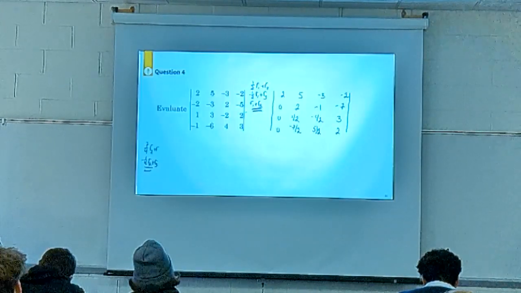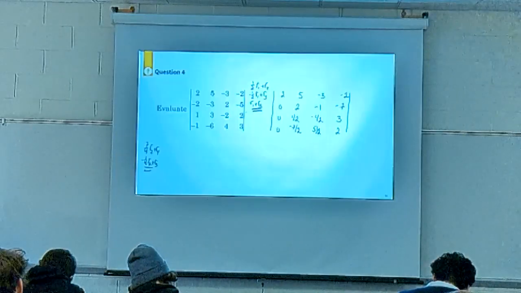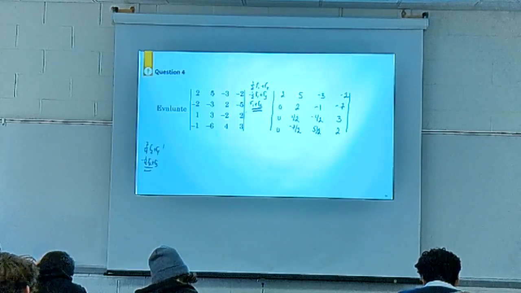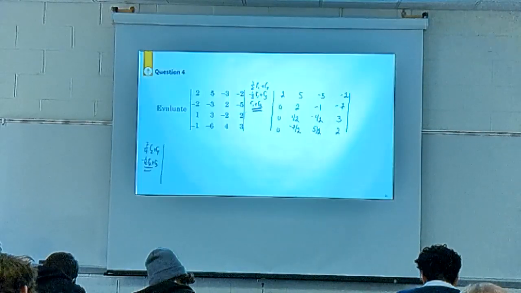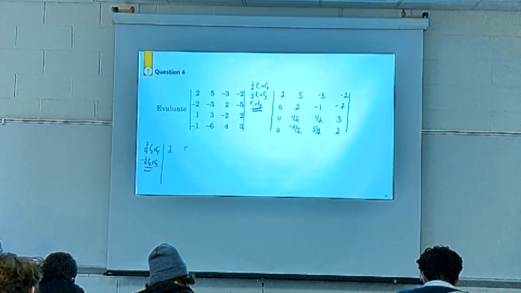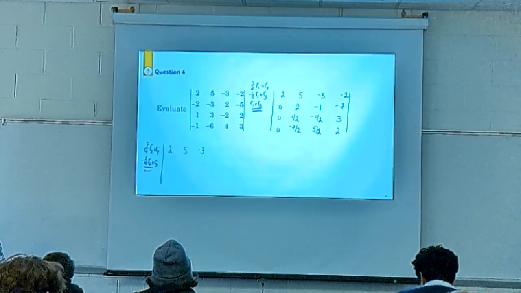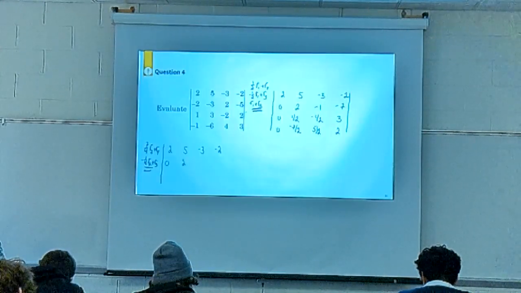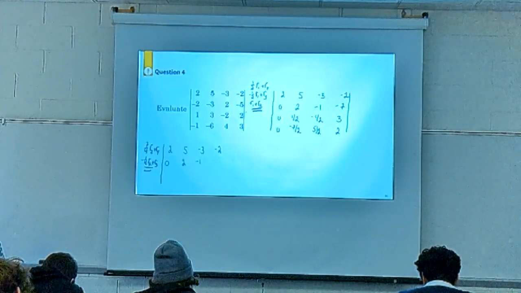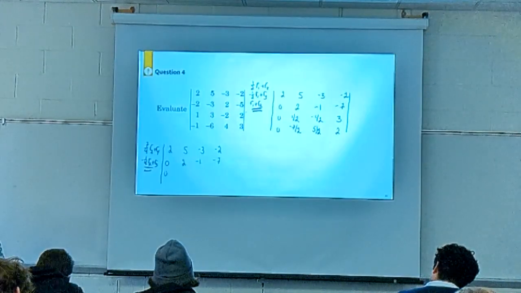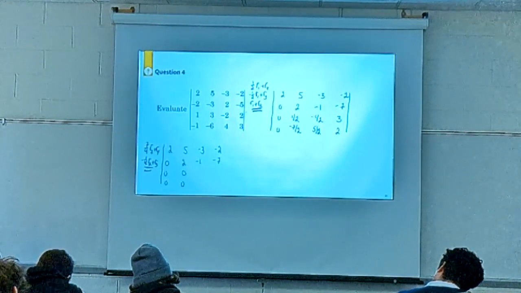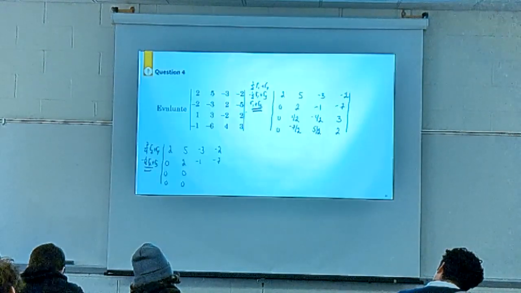Again, since we're only using type 3, the determinant doesn't change. A quarter minus a half.